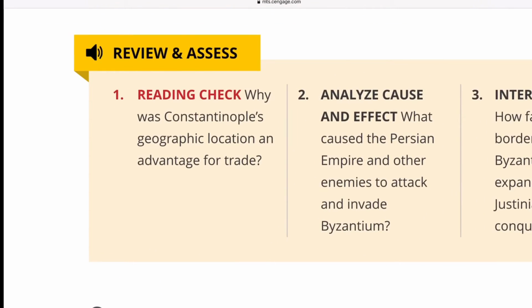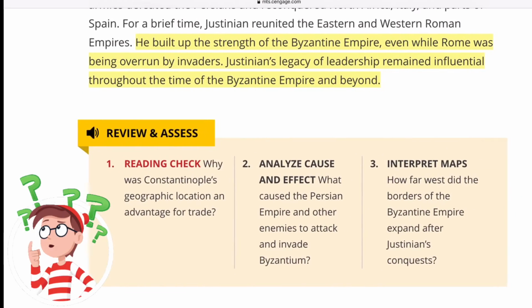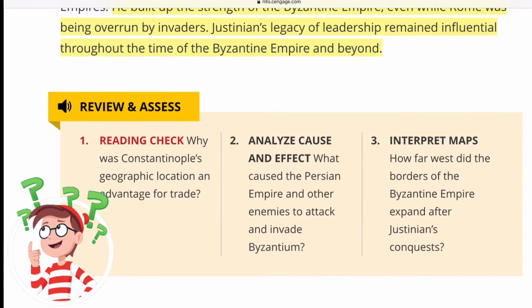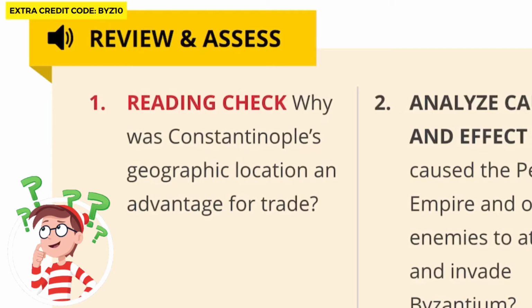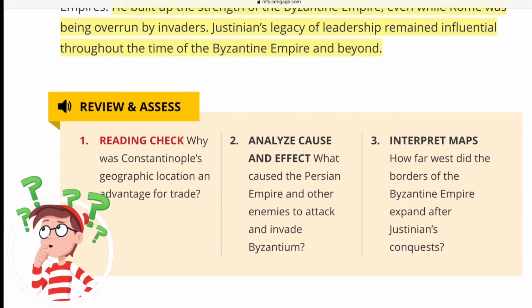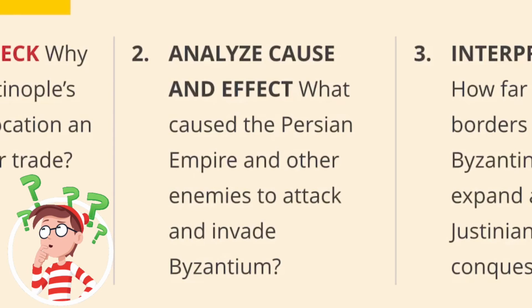Now let's go to the review and assess questions. The first one, reading check: Why was Constantinople's geographic location an advantage for trade or business? Number 2, analyze the cause and effect: What caused the Persian Empire and other enemies to attack or invade Byzantium?